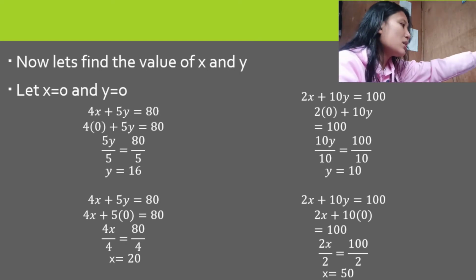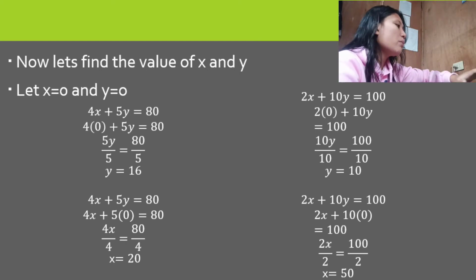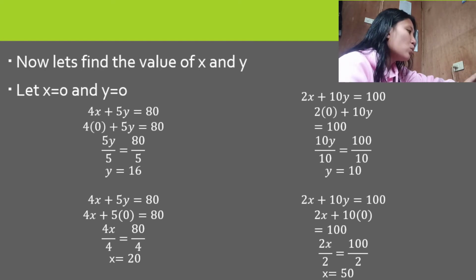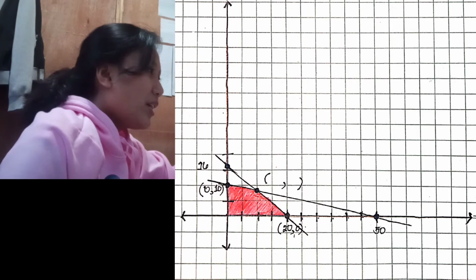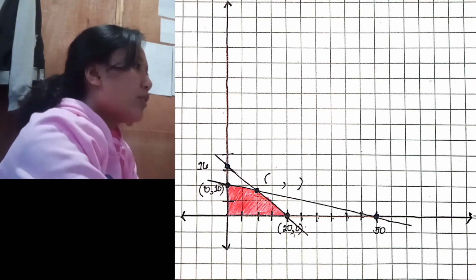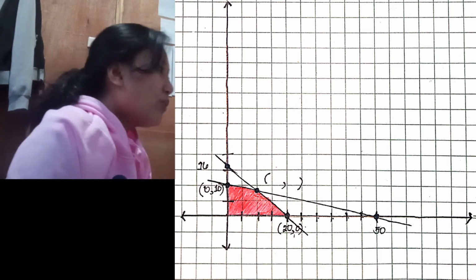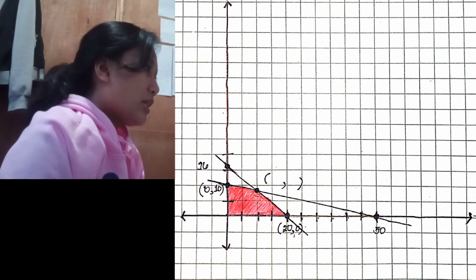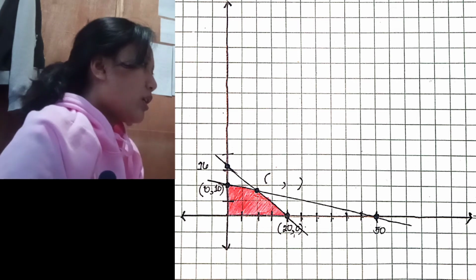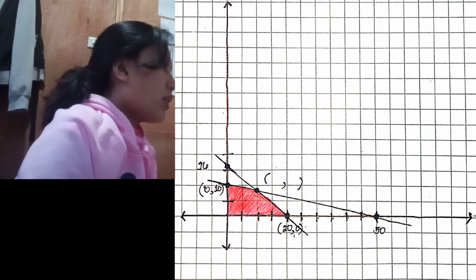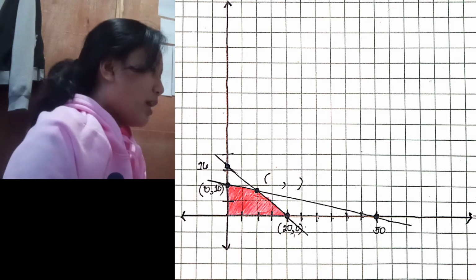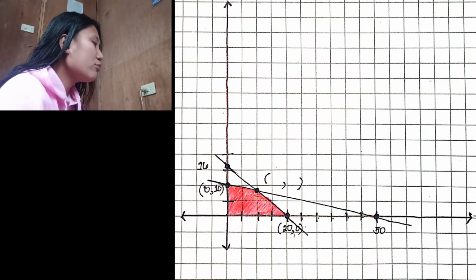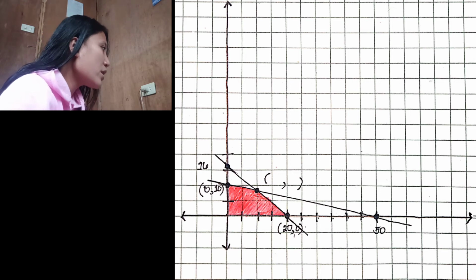So 2x is equal to 100, divide both sides by 2, and we have the value of x is equal to 50. As you can see in the graph, for the first equation, the value of x is 20 and the value of y is 16. And for the second equation, the value of x is 50 and the value of y is 10. In the graph, we have the intersection point.